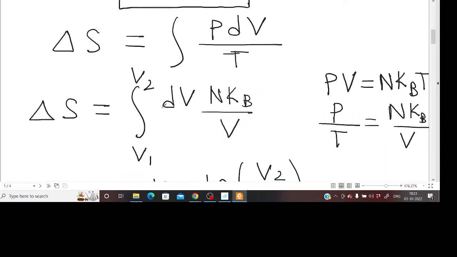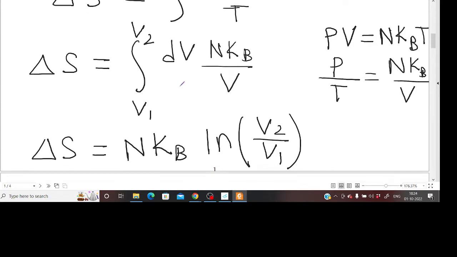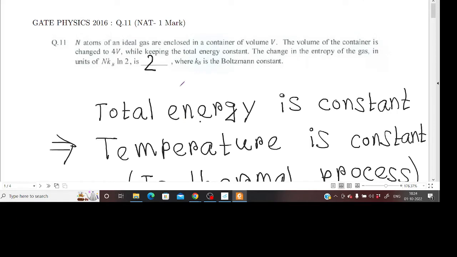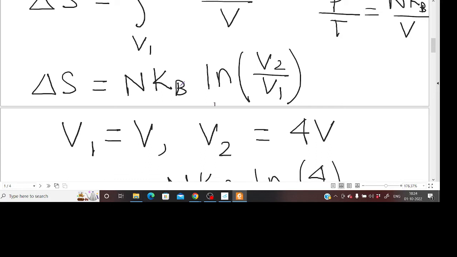The limits of this integral over volume will be V1 and V2, where V1 is the initial volume and V2 is the final volume. After integrating you get delta S is equal to N kB log V2 by V1. So in this problem the initial volume V1 is equal to V, and V2, the final volume, is equal to 4V.